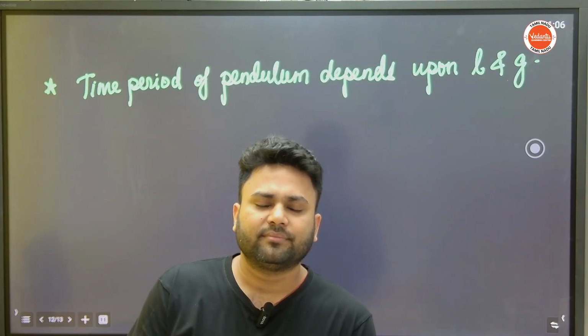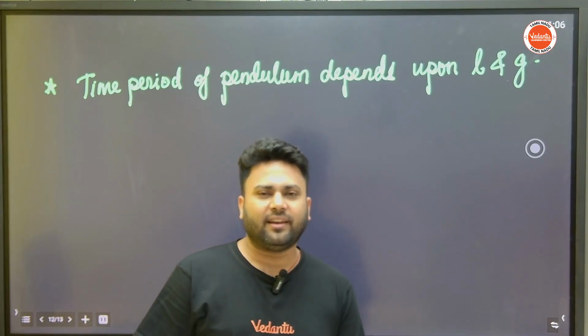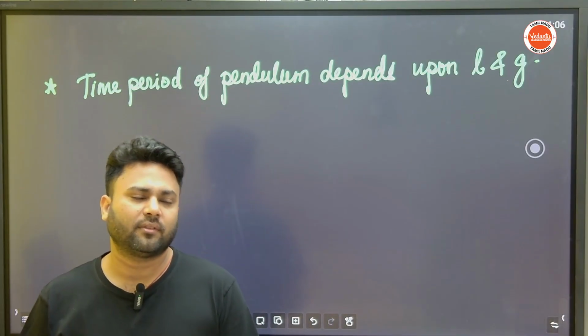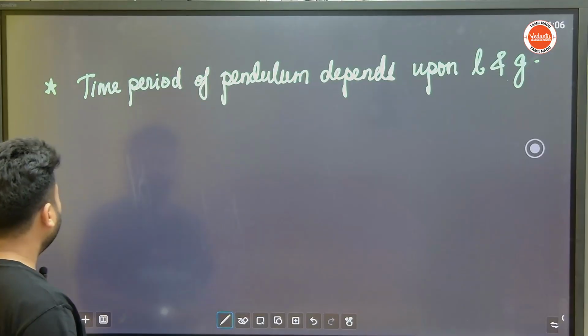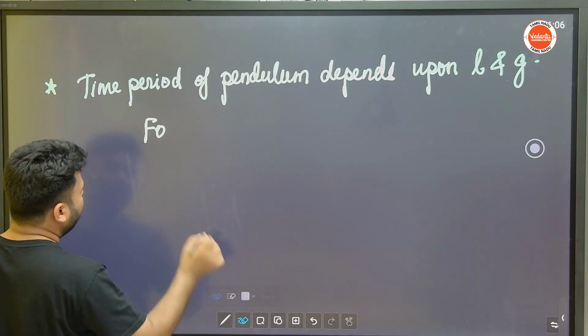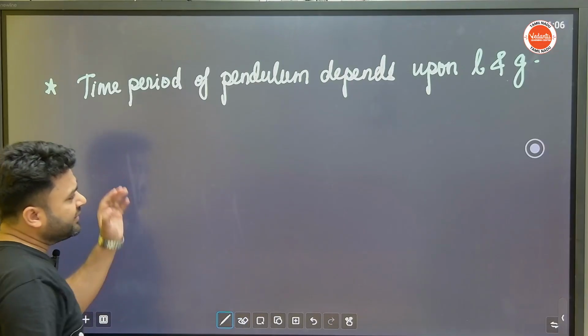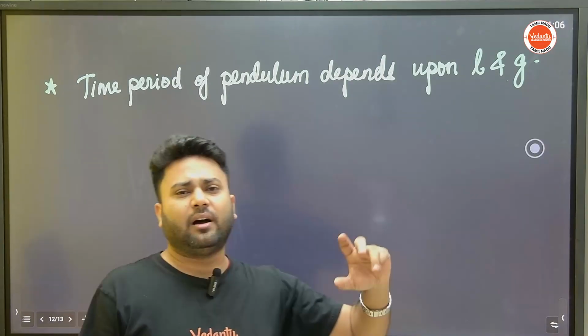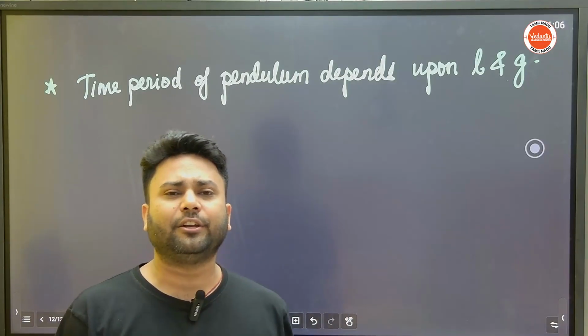We all know that time period depends upon length and acceleration due to gravity. You have to formulate or tell the dependency of time period upon length and acceleration due to gravity.